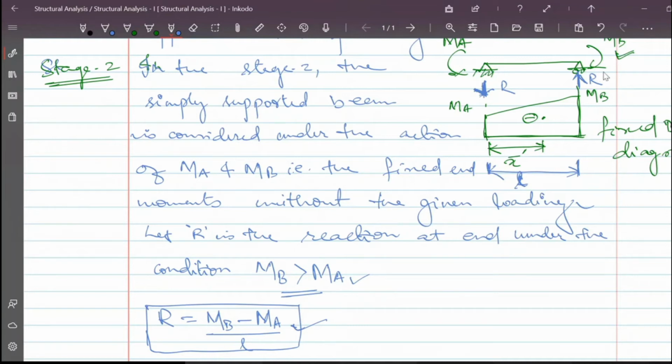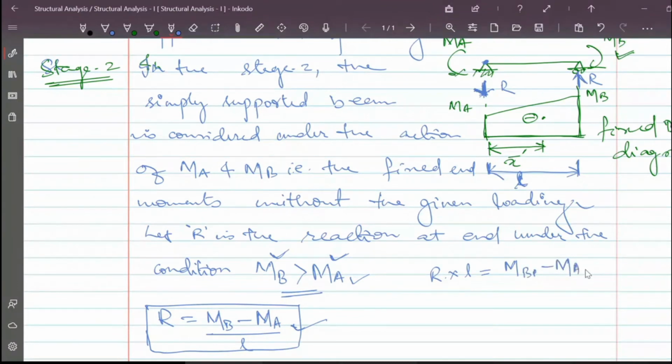Here we have two fixed end moments. If I take moment at this point, it will be R into L. R into L equals, considering MB is greater than MA and taking moment about this point, R into this L, which is a clockwise one, equals MB minus MA.